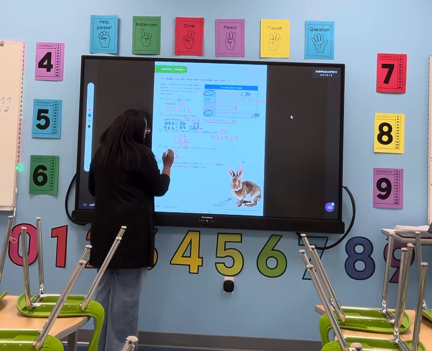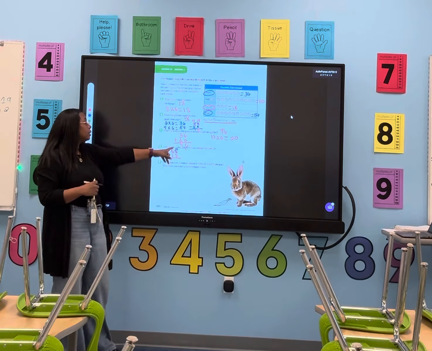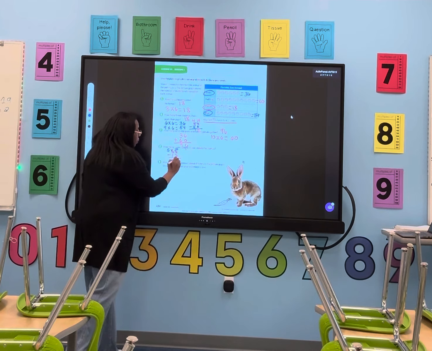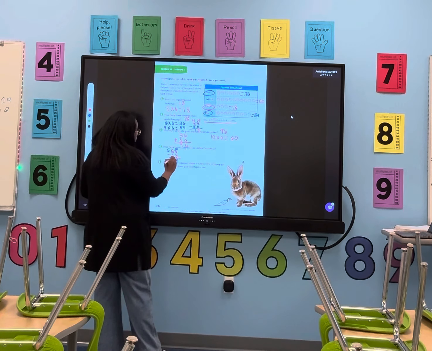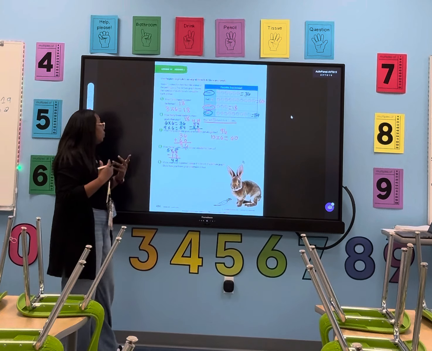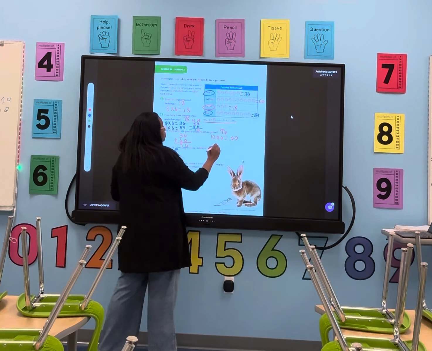This 6 is going to be left as a 5, and this 0 on the ones is now a 10. So now we can subtract. 10 minus 8 is going to be 2. And then 5 minus 1 is going to be 4. So now we know how many more students chose rabbits than llamas. 42.